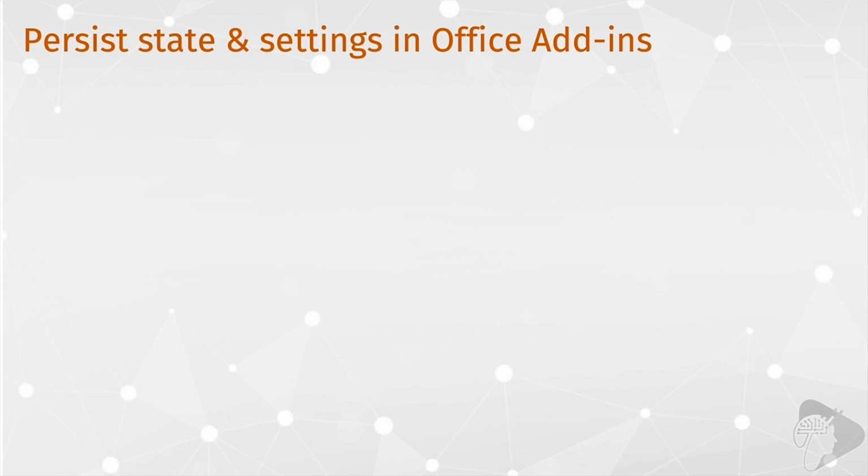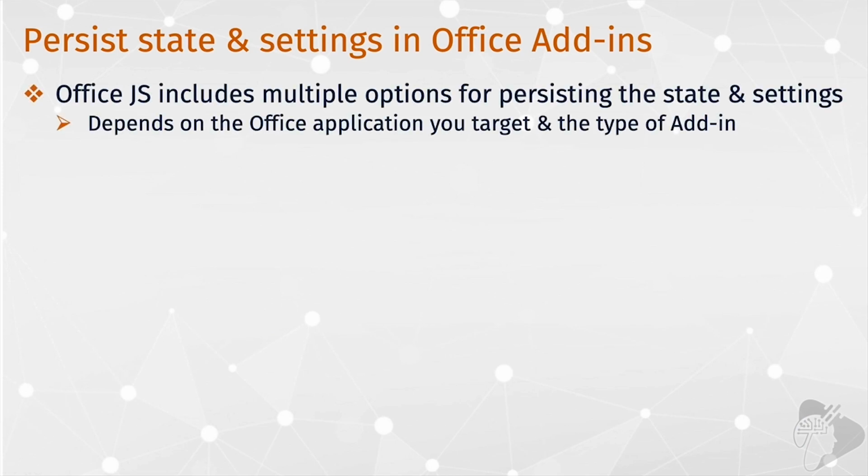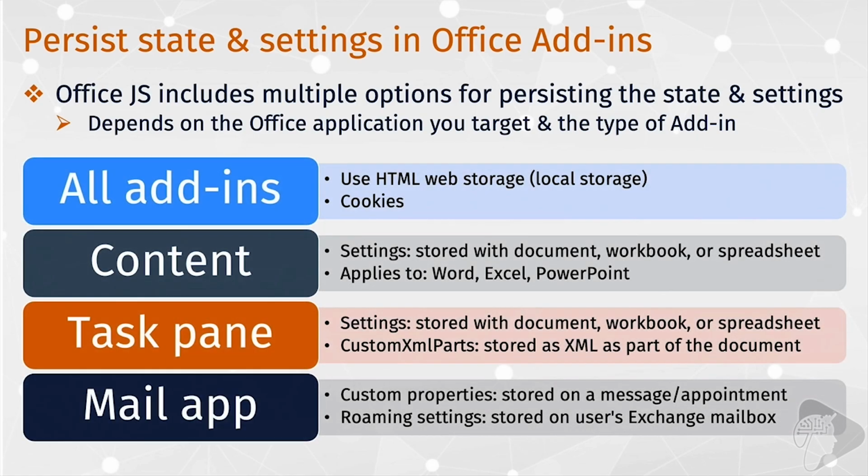Okay, so let's first talk about persisting state and settings in Office add-ins. Office.js includes multiple options for persisting the state and settings, but it's really going to depend on the Office application that we're targeting and the type of add-in on what options are going to be available to us.